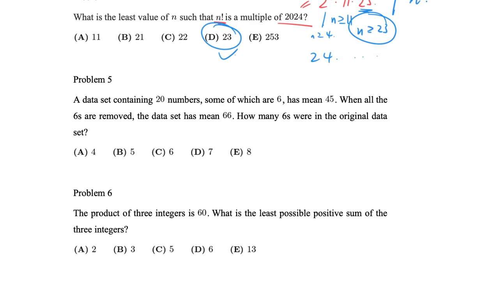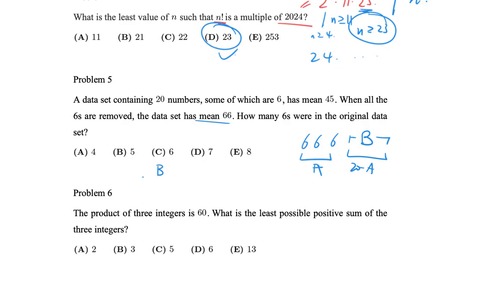A dataset containing 20 numbers, some of which are 6, has a mean 45. When all the 6s are removed, the dataset has mean 66. So you can just assume that there are A 6s. And so the rest are 20 minus A numbers that, let's say, sum to B. So their whole sum is B. We don't really care about them. So when all the 6s are removed, the mean is 66.